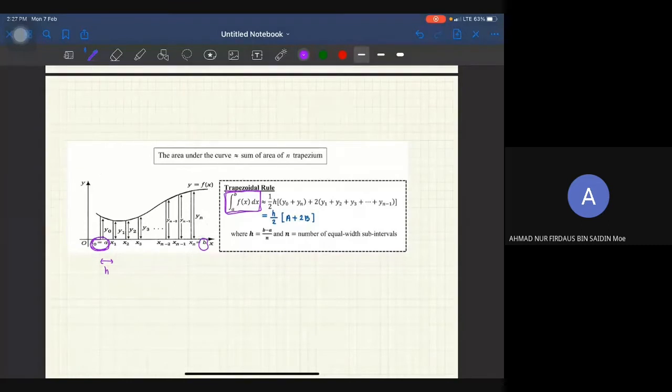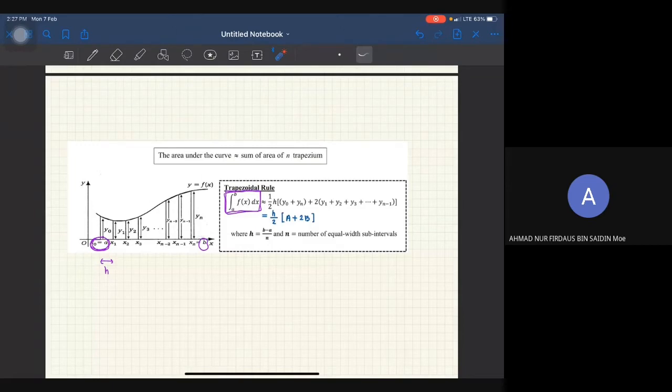Okay, so untuk kita cari dia punya nilai area, for us to find the area under the curve, we are actually going to tambahkan sahaja area yang ini, tambah area this one, tambah ini, tambah sampai habis. Okay, so bila kita tambahkan, when we sum all the trapezium area that we have under the curve, itu adalah kita punya area under the curve.